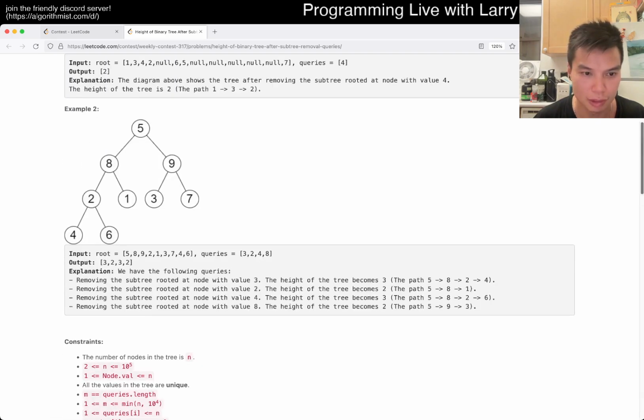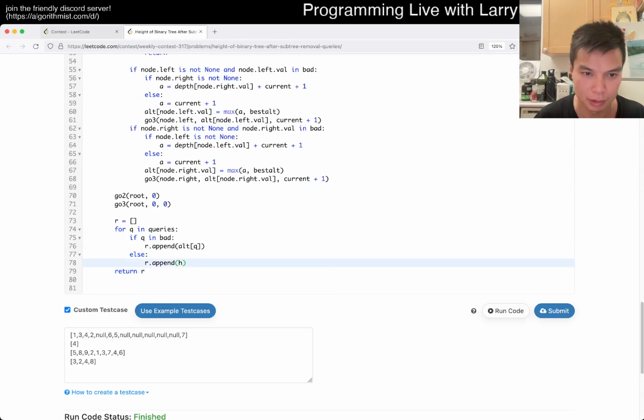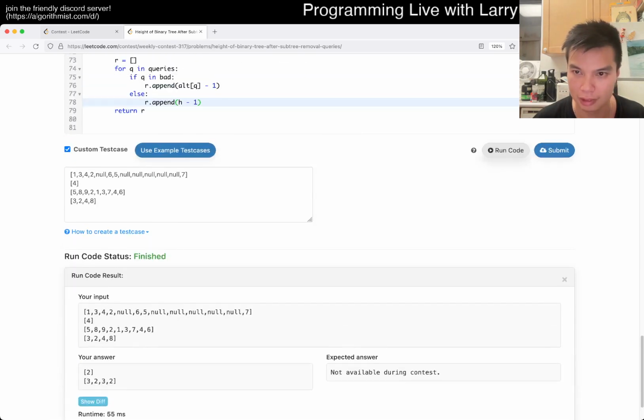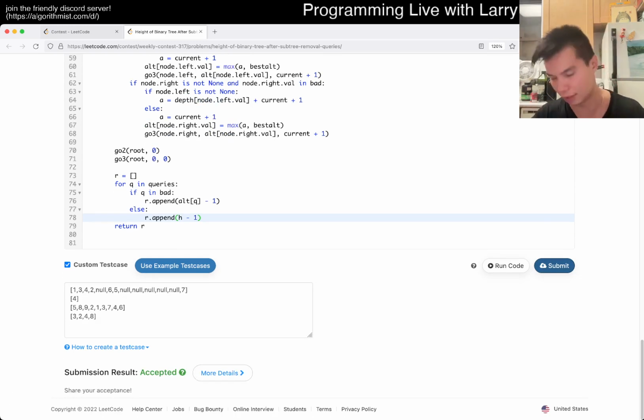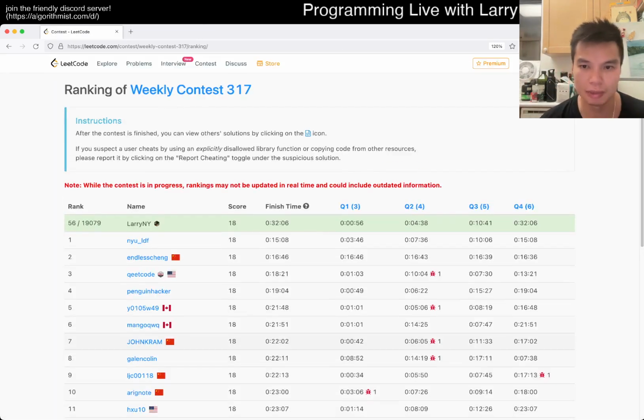Okay, so this is the right answer, minus 1, whoops. Because I counted one more node or something like that. Okay, let's give it a submit. Not quite confident about this one, so we'll see if there's edge cases. Yes. Okay.